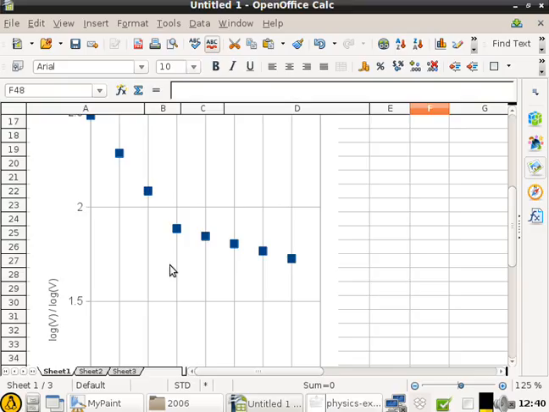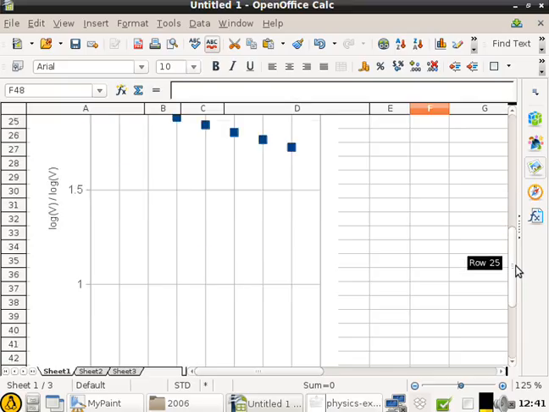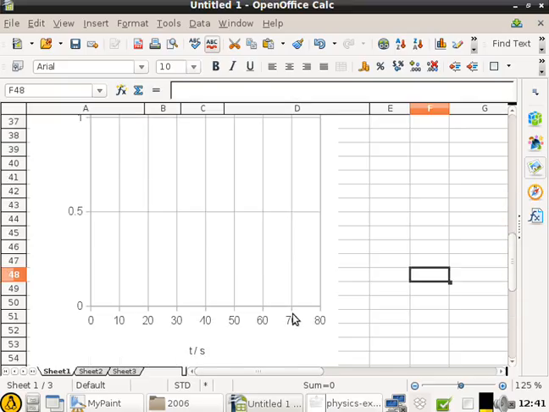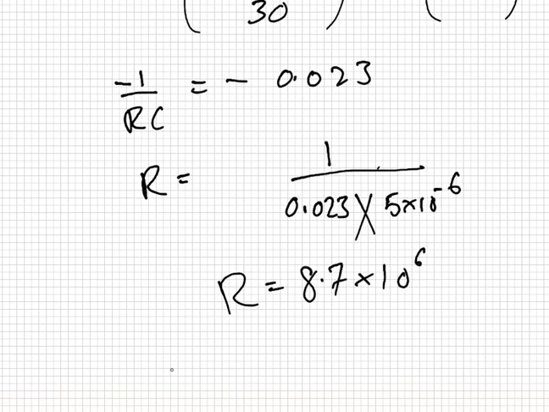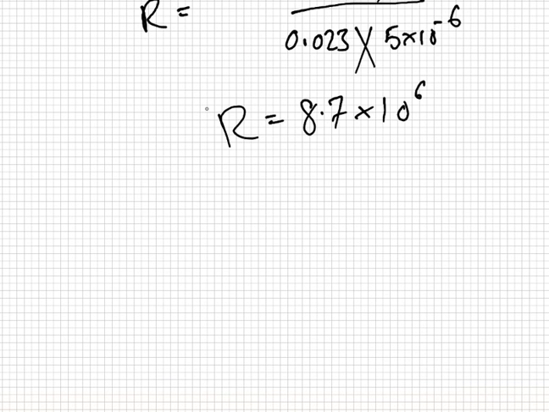0.25 divided by how many seconds? 40 seconds. From here to here is 40 seconds. 6.25 times 10 to the minus 3. That's what it is? Yeah, with a minus. So for the other one, m equals minus 6.25 times 10 to the minus 3.